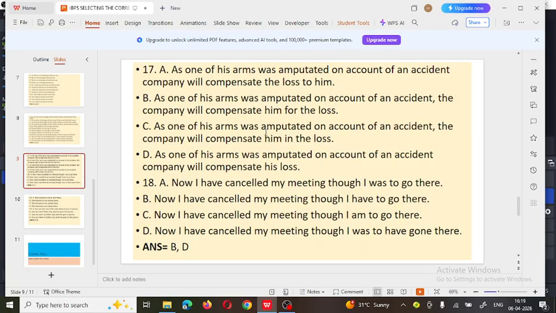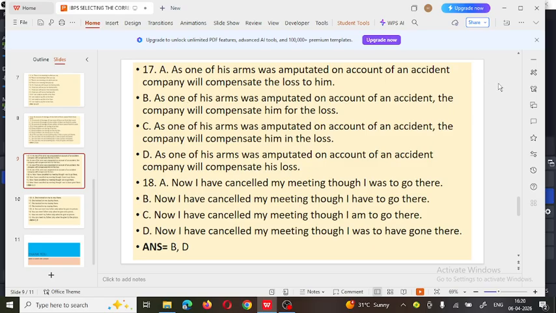As one of his arms was amputated on account of an accident, the company will compensate him in the loss. And as one of his arm was amputated on account of an accident, company will compensate his loss. So we are talking about that concerned company. So company is a definite noun here, and that's why the definite article must be used before the word company. But in option A and D, it is not used. So we have to consider only two options, B and C.